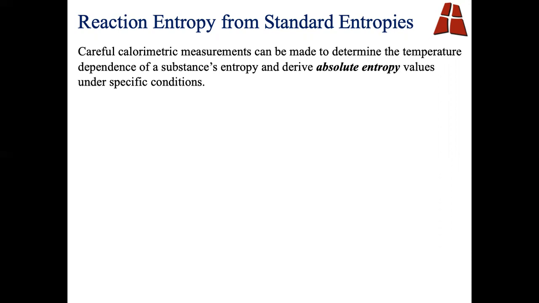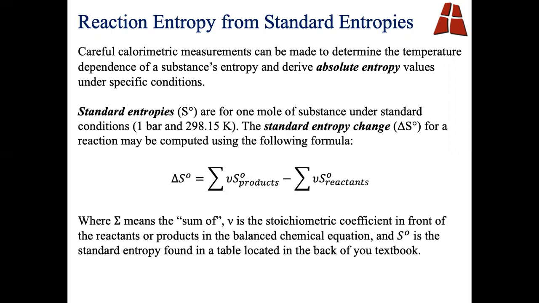So entropy could be measured using similar experiments under standard, or not necessarily standard, but specific conditions. And that brings us to standard entropies. So these are tabulated values per mole of a particular substance, and typically we report them under standard conditions, which is a pressure of 1 bar and a temperature of 25 degrees Celsius, which is of course 298.15 Kelvin.